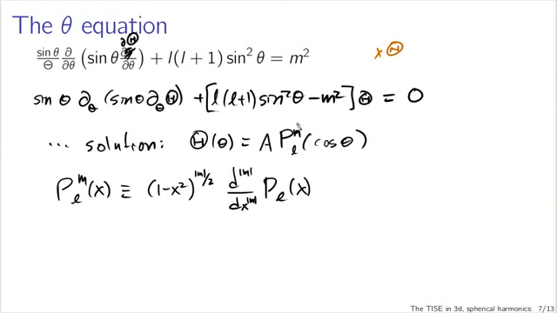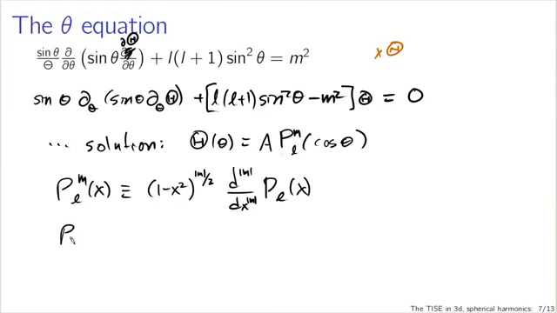So these P sub l superscript m's are the associated Legendre functions, and they're expressed in terms of the P sub l's, the Legendre polynomials. Mathematica knows about these, Sage knows about these, any computer algebra software worth its salt should know about Legendre polynomials. It may even know about associated Legendre functions.